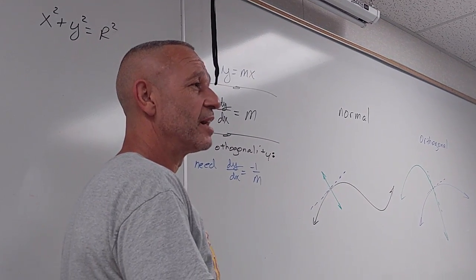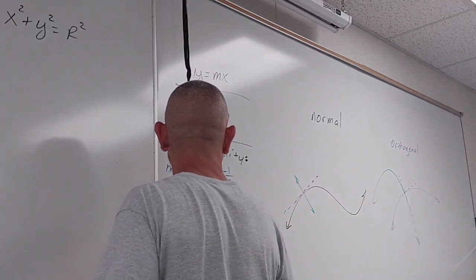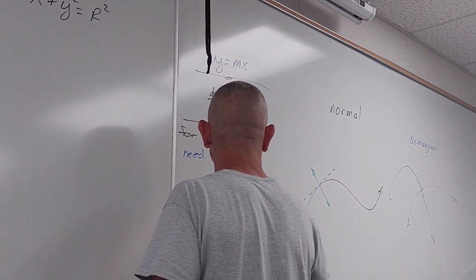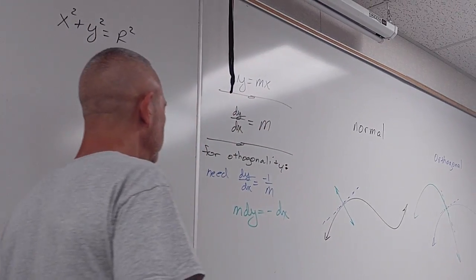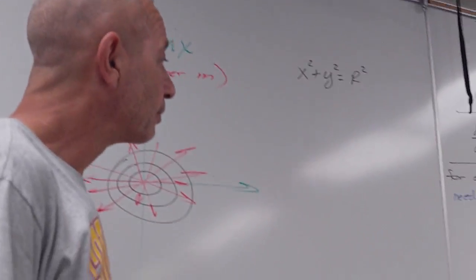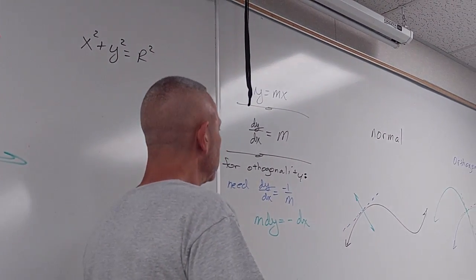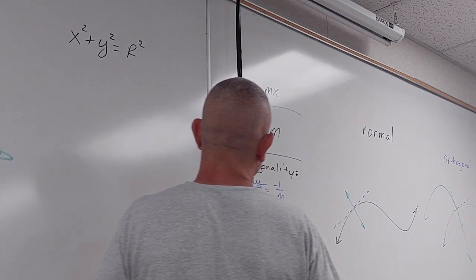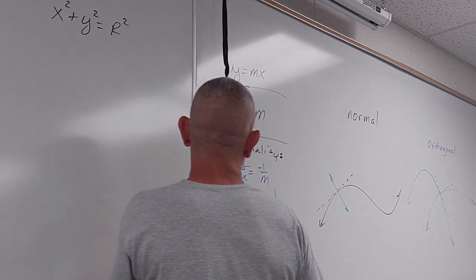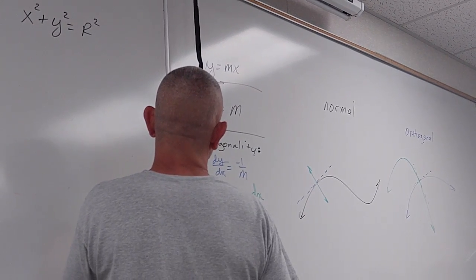Somebody want to help me? Well, that wasn't hard. Pardon me? M equals negative. We will. The trouble here is that we're only doing this at the points of intersection. And what is m equal to?